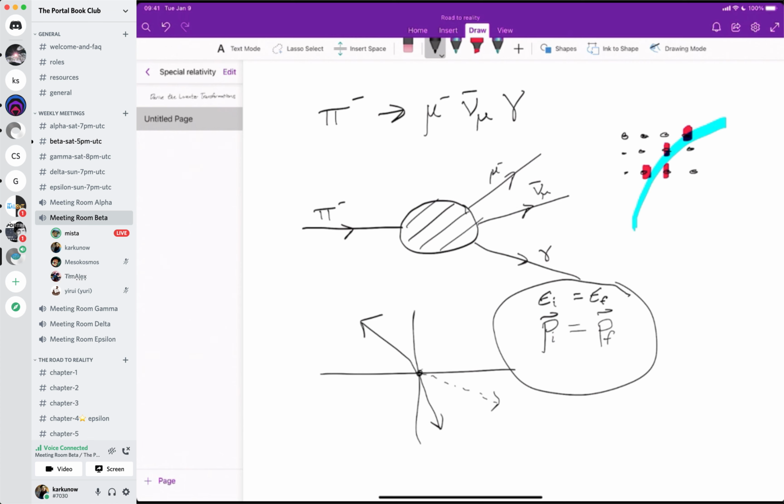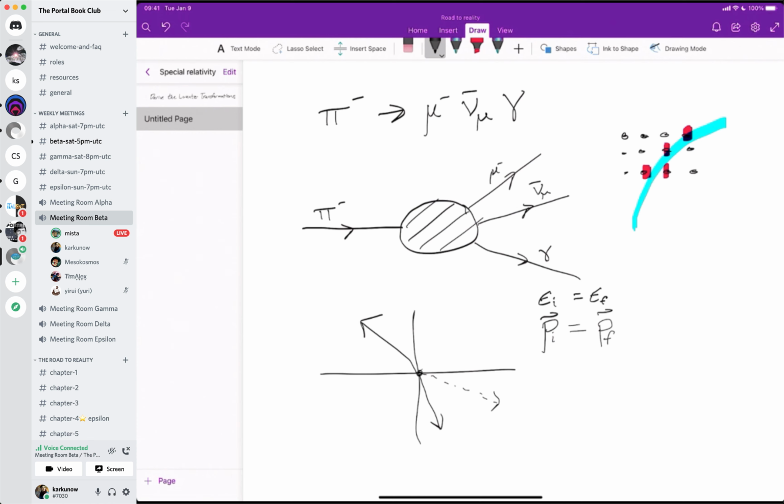Yep. That's because we're asserting that this conservation of 4-momentum holds. So I think you're exactly right with that intuition that we could actually detect these particles using conservation of 4-momentum. We use some cool tech to find the photon and the muon, but we need to mathematically infer the presence of the neutral particle, the light neutrino.